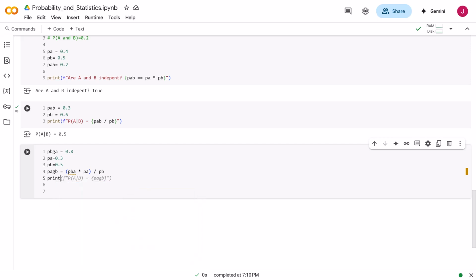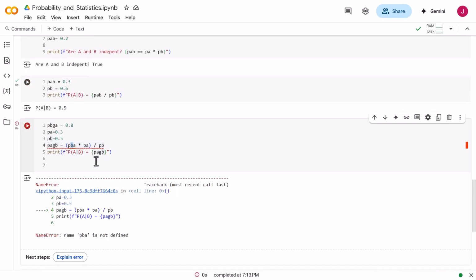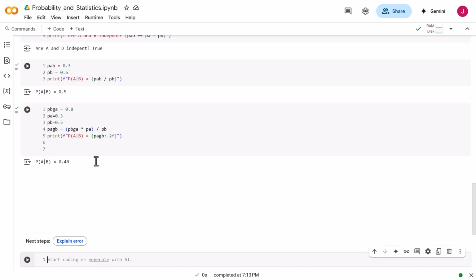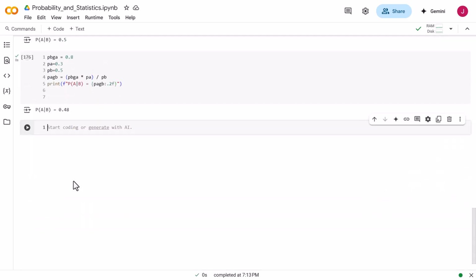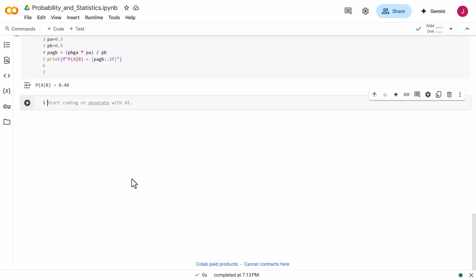Print P(A given B) with the values and format 0.2f. So it is 48%.